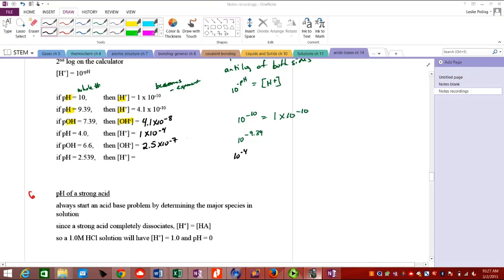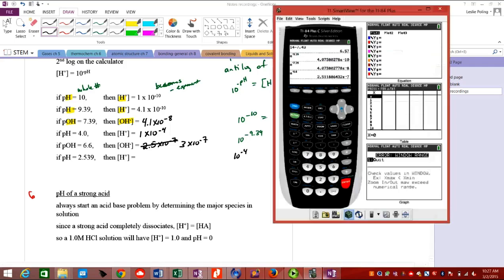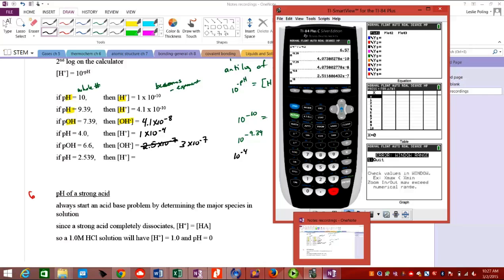Actually, significant digits, we're only allowed it to be 3 times 10 to the minus 7. And now if we do negative 2.539, we've got 0.00289.